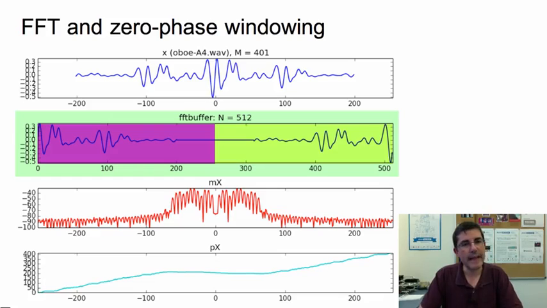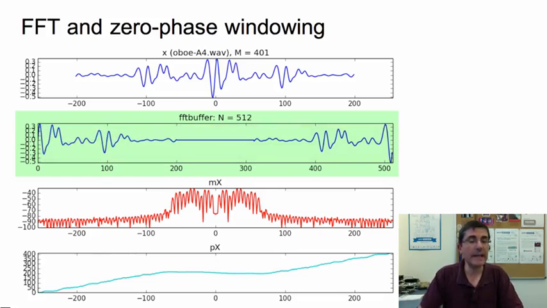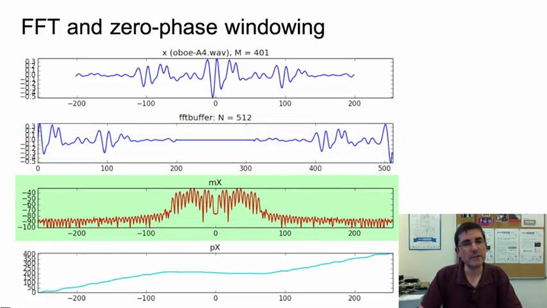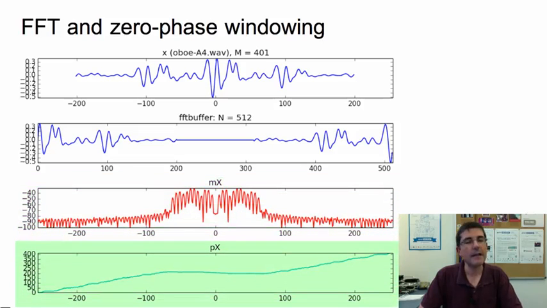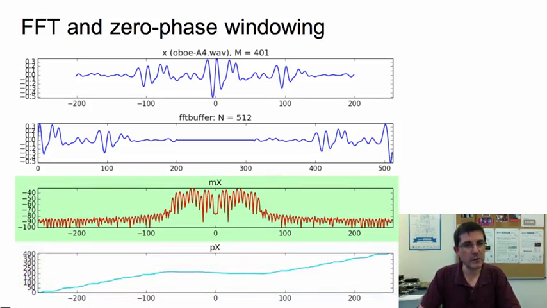before calling the FFT. If we compute the FFT of that and then compute the spectrum in dB and the phase with unwrapping, we see this visualization in which we see the symmetry of the magnitude spectrum, quite smoothly.